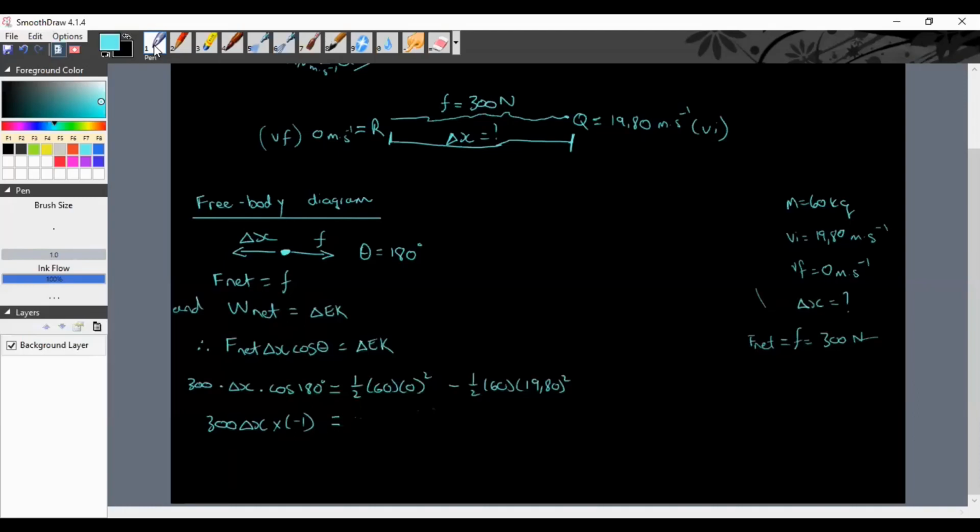So guys, my calculator is just doing funny stuff. All right, I got it to work. So that's going to be minus 11,760.